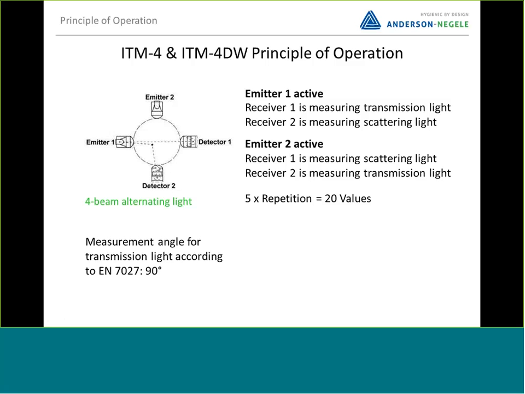What's unique about the ITM 4 and 4DW, though, is we have a second emitter, and when we turn off one and turn on 2, it changes the function of the 2 detectors. So the detector that was measuring transmitted light is now measuring scattered or 90-degree reflected light, and the other one is obviously doing the other function.